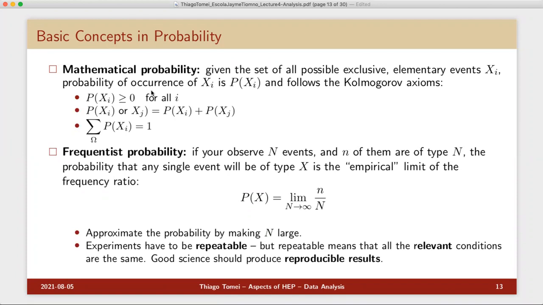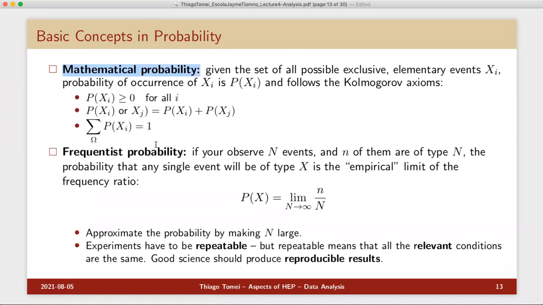I'm going to give you a quick rehash of probability here, okay? I'm pretty sure that all of you know all of this, but let's go through it. Mathematical probability. This is the kind of thing that you learn in a true probability course in the Institute of Mathematics at your university.